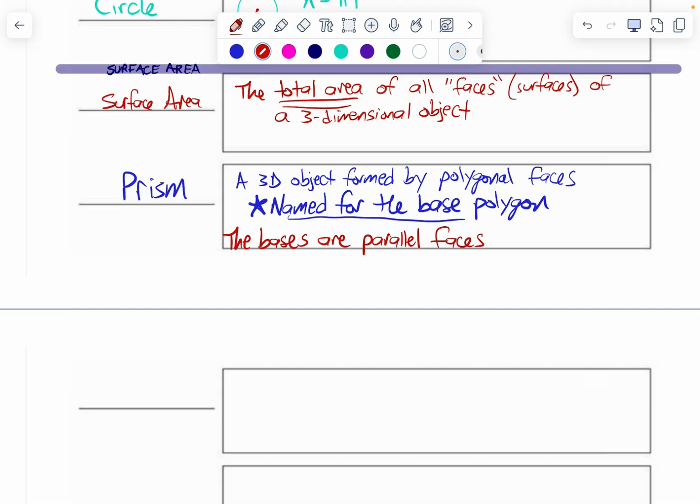So the bases are parallel faces. It's kind of rhyming. So think now we're not talking about parallel lines, but parallel planes, which is kind of cool, right? Don't draw this, but here's what I mean. That's supposed to be dotted.